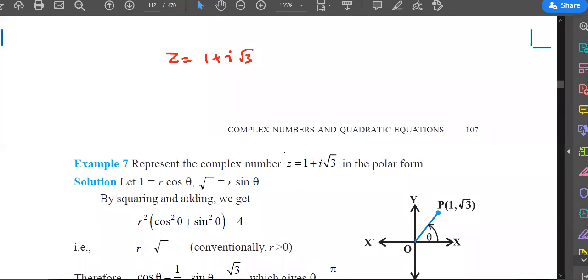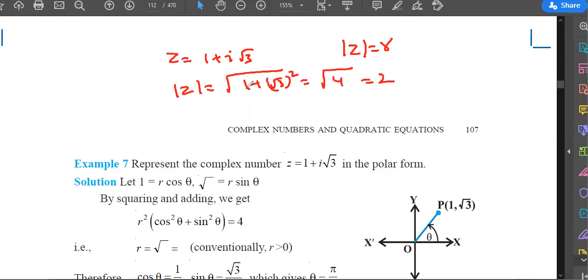First step is to find mod of z, which is equal to r. That is your first step. So mod of z is equal to root of 1 plus root 3 square, which is root of 4, 2. Got it? So r is equal to 2. That's your first step. Yes or no?